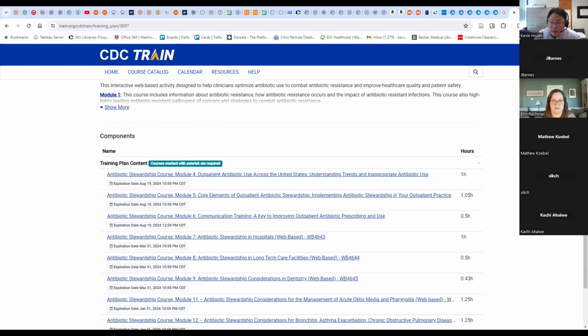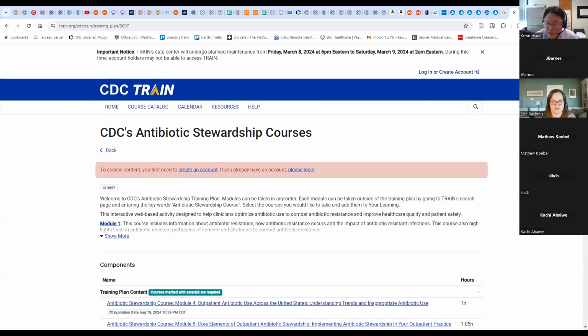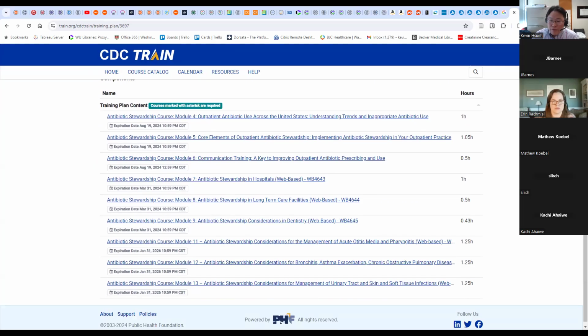And it will at least provide some of these foundations. So that's a good, free way of providing antimicrobial stewardship knowledge.